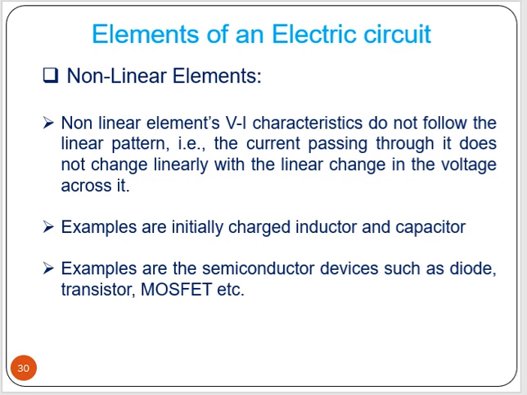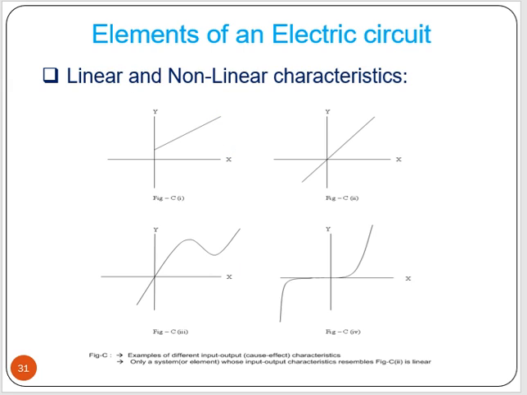Now nonlinear elements' VI characteristics do not follow the linear pattern. That is, the current passing through them does not change linearly with a linear change in the voltage across them. Examples are an initially charged inductor or capacitor, and diodes, transistors, MOSFETs, all these kinds of semiconductor devices. Now if you look at the characteristics, this one is a straight line, but it does not start from the origin, it starts from above. So this is non-linear.